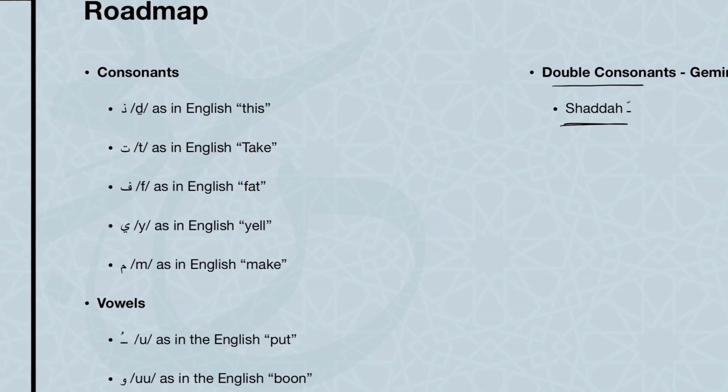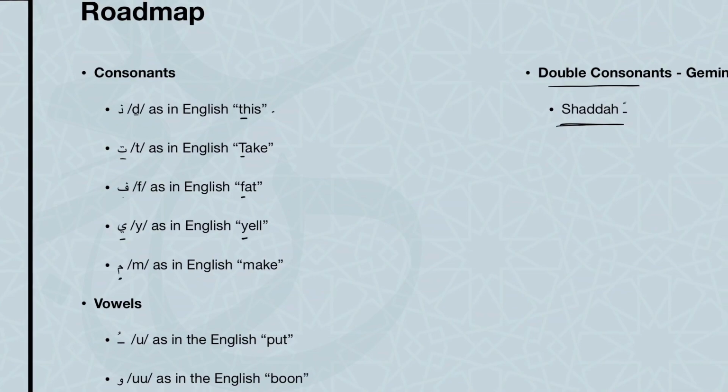So, an overview of the consonants: we're going to learn the letter dhal, which is the th in this, the letter ta as in take, the letter fa as in fat, the letter ya as in yell, and the letter meem as in make.